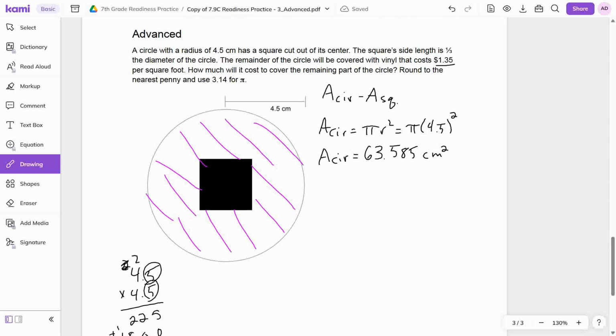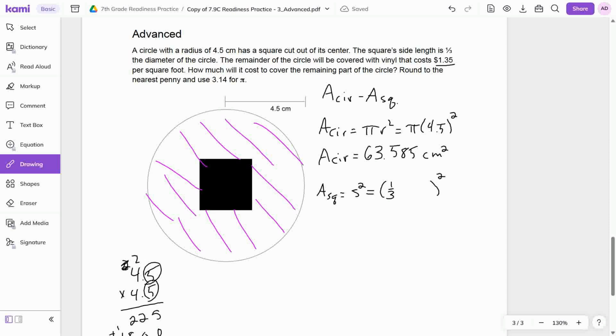Now, area of the square is pretty straightforward, you would think, right? It equals the side squared. Now, the square's side length is 1/3 the diameter of the circle. Okay, so 1/3. What's the diameter? Well, the diameter is double the radius.